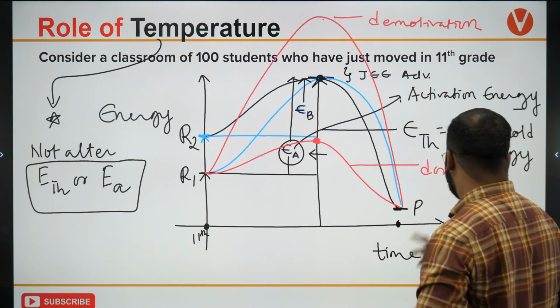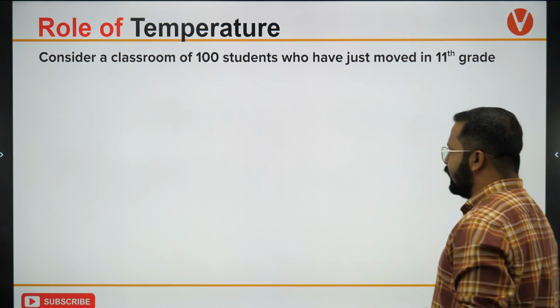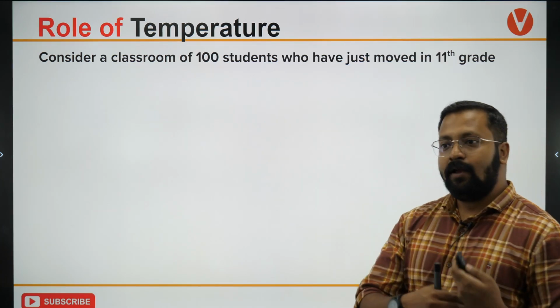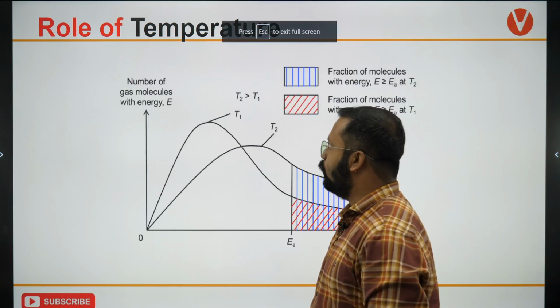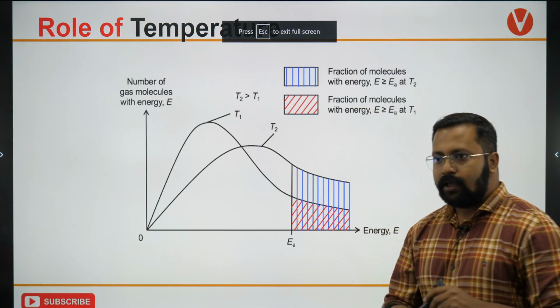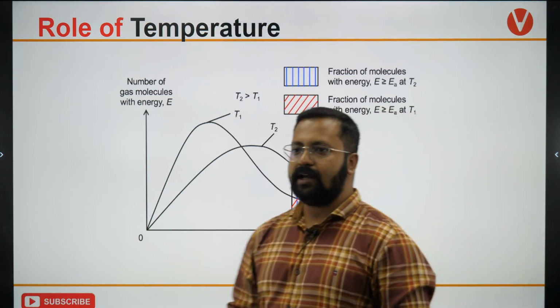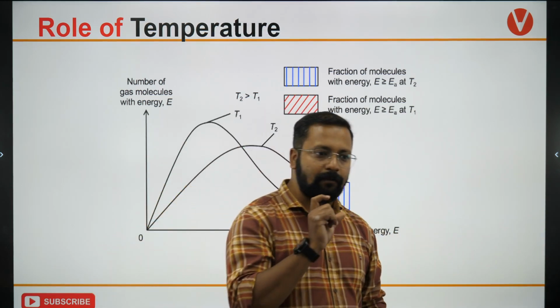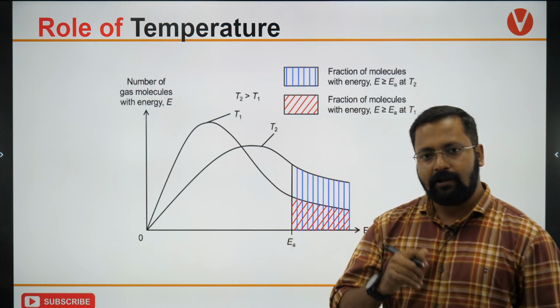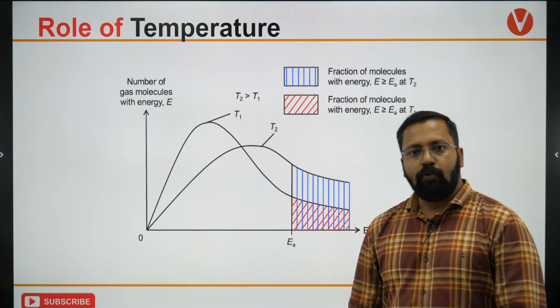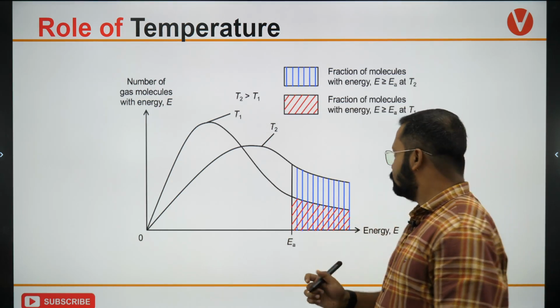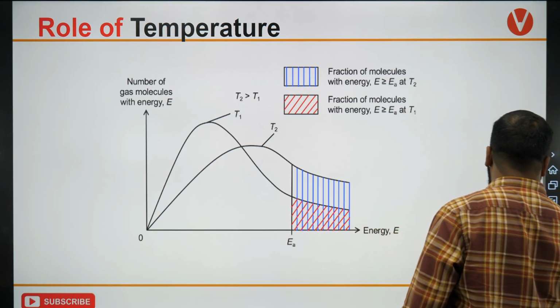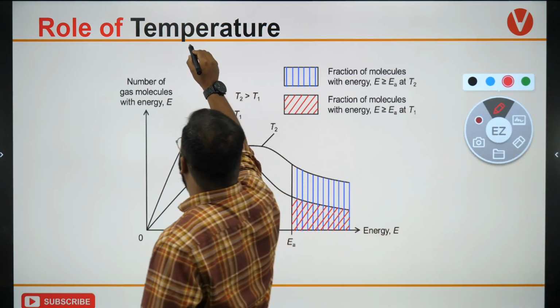Okay? So with that idea in mind, let's try to understand why temperature does this. What is the reason temperature does this? You must have read in the gaseous state a particular concept known as the Maxwell Boltzmann distribution function.